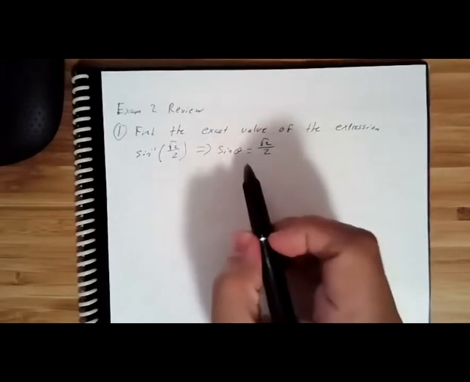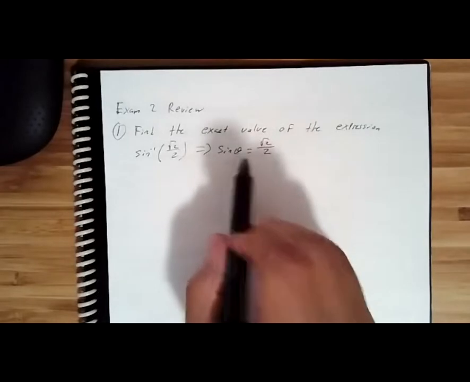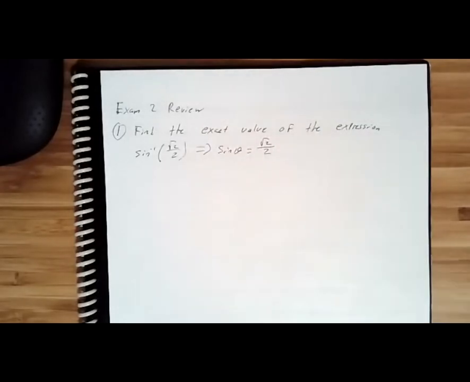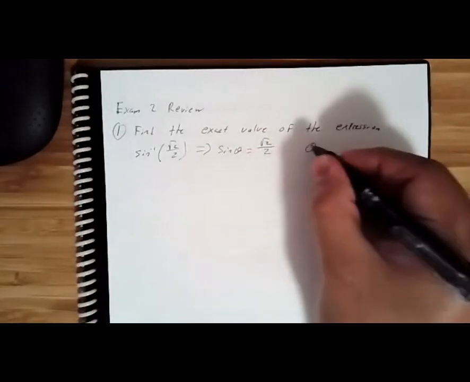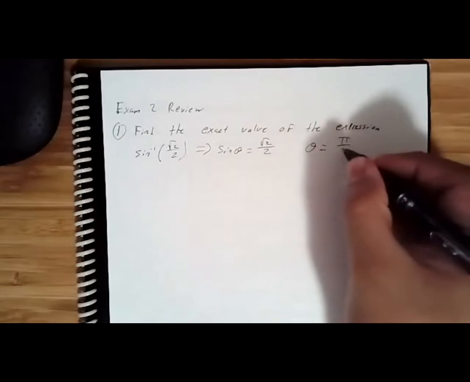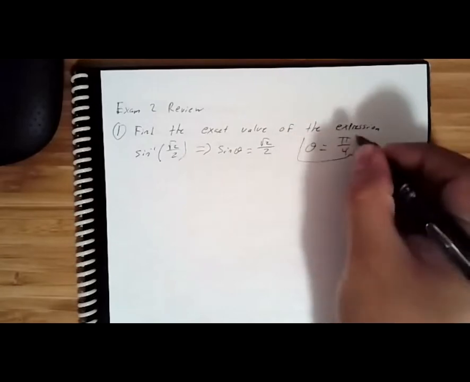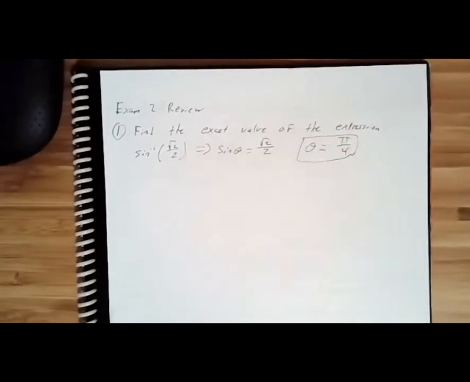So which angle gives me a y value of square root 2 over 2? Yeah, so theta will be pi over 4. So there's not really much to do. I mean, you could use inverses or you could use a definition and just look at your circle.